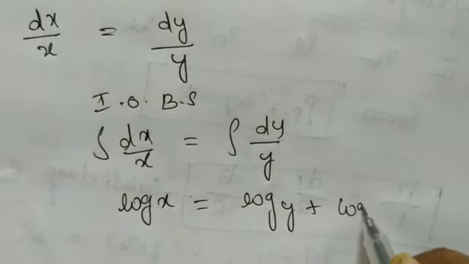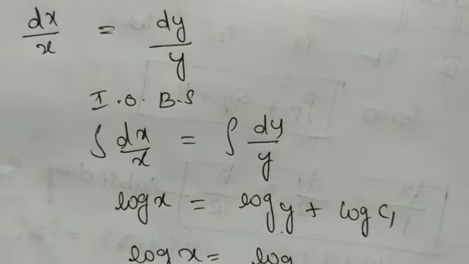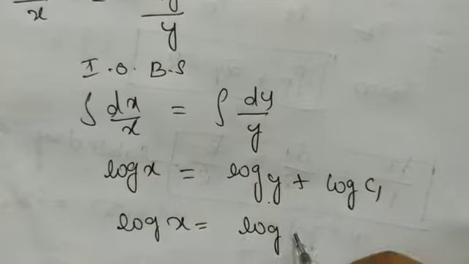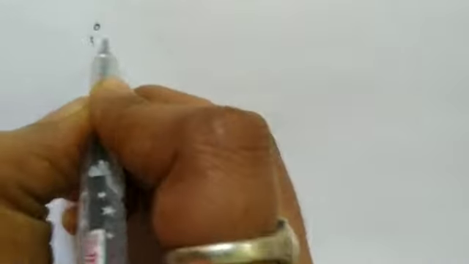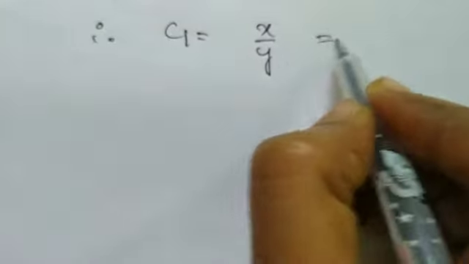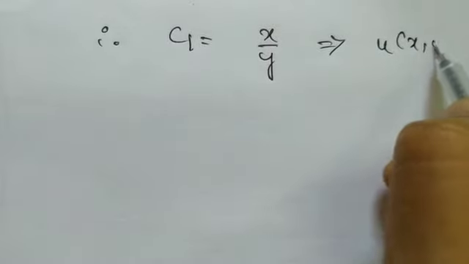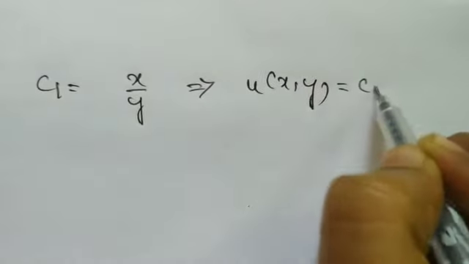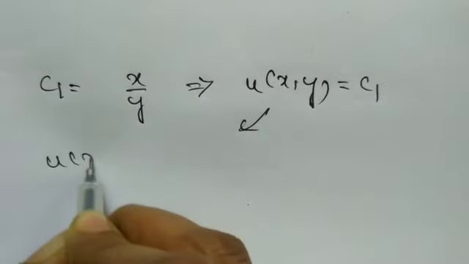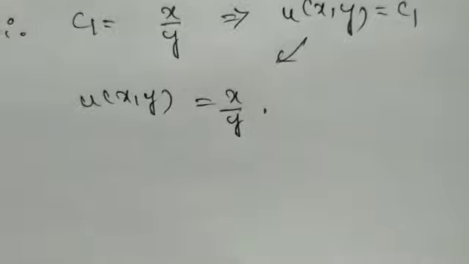Therefore log x equal to log y plus log c1. Since log a plus log b is log ab, this is log of y into c1. Therefore finally c1 equal to x by y. Here I am writing u of x comma y equal to c1, so u of x comma y equal to x by y. This is the term of u.